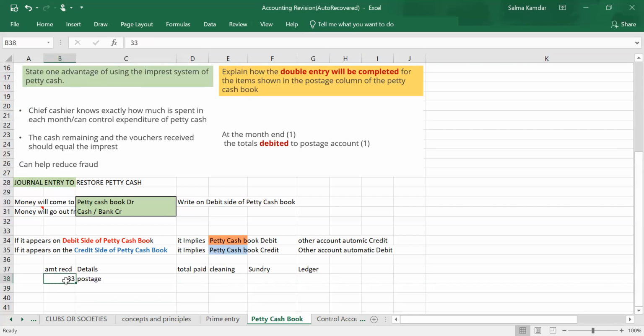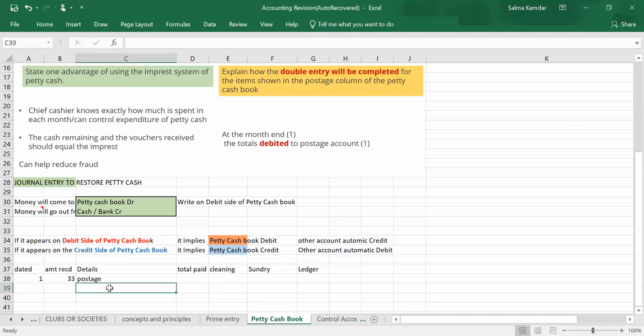Can you see this? So it implies that the petty cash book is debit. They will ask how I complete the double entry for this transaction dated so and so. So I will credit postage account. Are you with me?